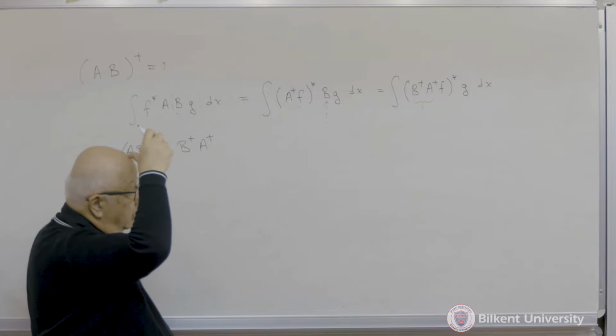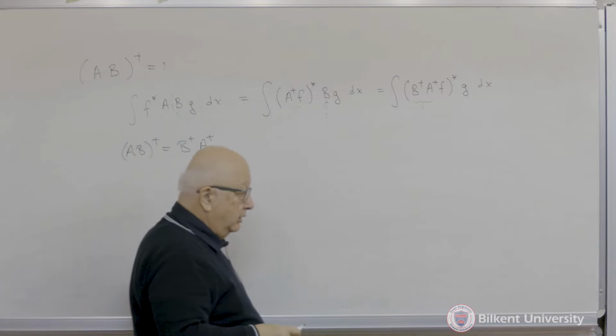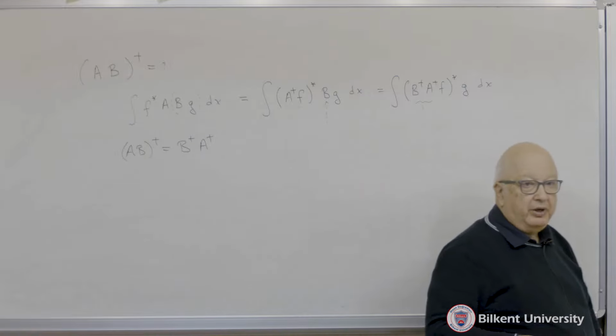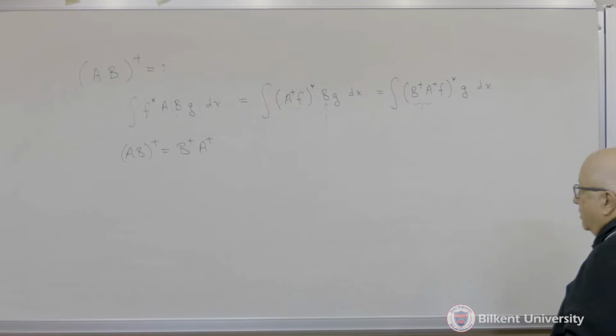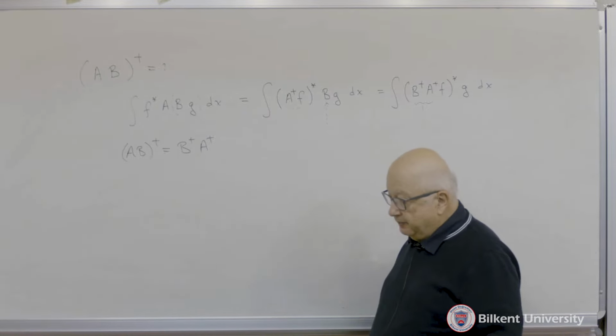So we have these properties. Why are we going through this process of being Hermitian or not, and whatnot? We'll see that Hermitian operators are important for physics.